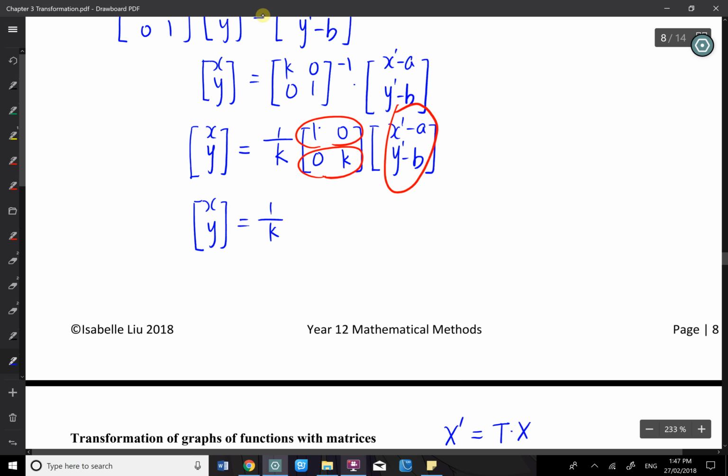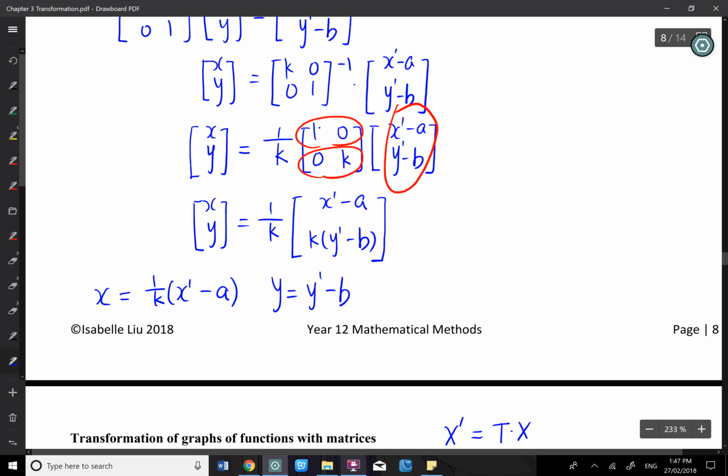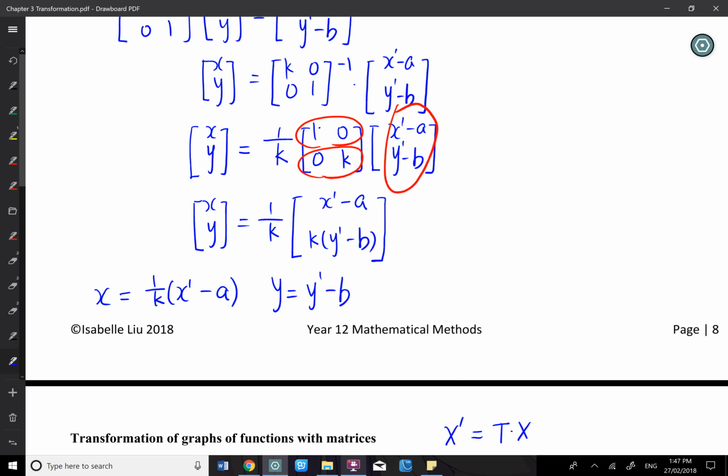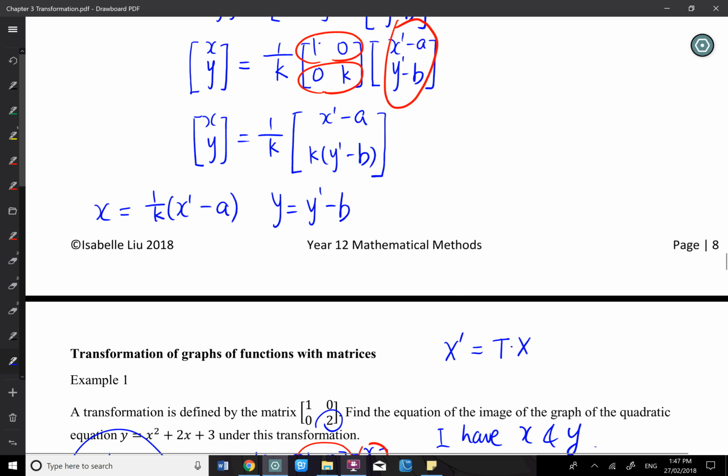Xy equals 1 over k. This one is just x dash minus a. Second one will be k times y dash minus b. So x equals 1 over k, x dash minus a, y equals y dash minus b. The k and 1 over k get cancelled.